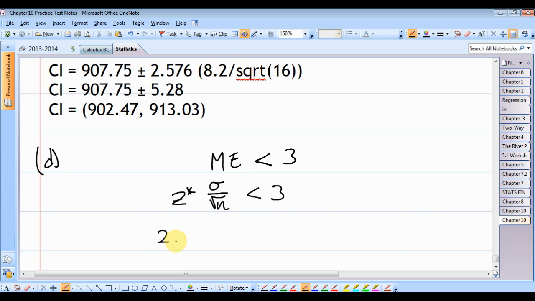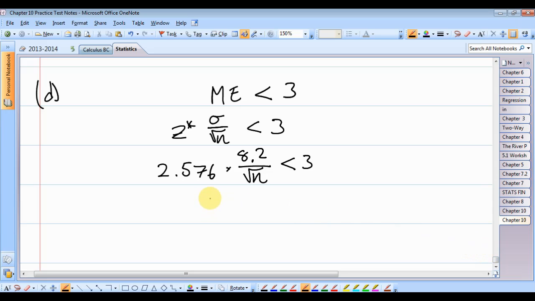Z star is 2.576 times 8.2 divided by the square root of n. You want that to be less than 3. I'm going to do some algebra magic. 2.576 times 8.2, whole thing divided by 3, should be less than the square root of n.